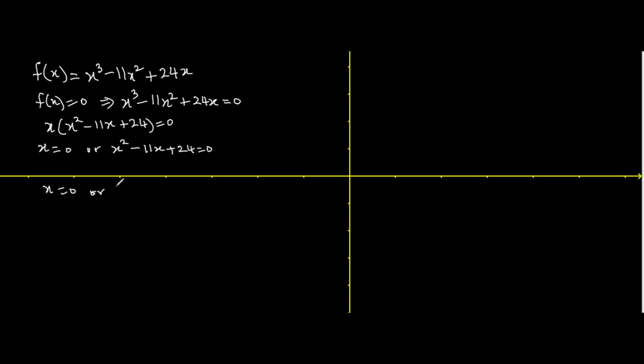So here, when we factorize, we are going to obtain s minus 8 for this, and then s minus 3 equals 0, okay?